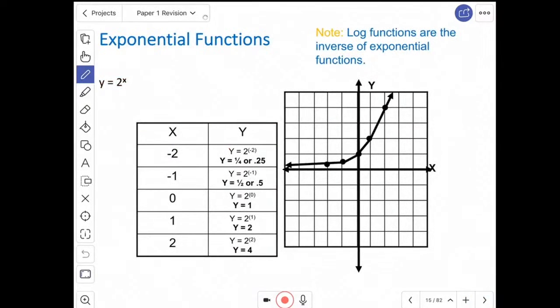Okay, the next one then is your exponential functions. And with an exponential function, you're looking at the fact that the unknown, or your variable, is going to be up on the number's shoulder. And I have just a little note here. Log functions are the inverse of exponential functions. So it's just to show you the relationship between them. We will be talking about inverse in a little while as well.